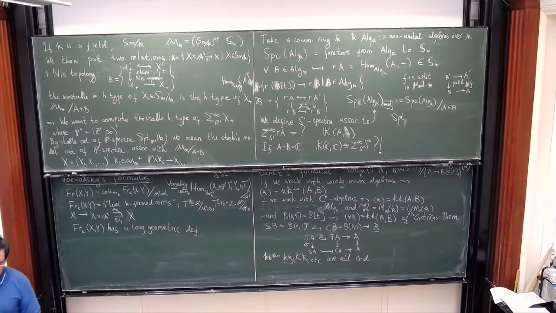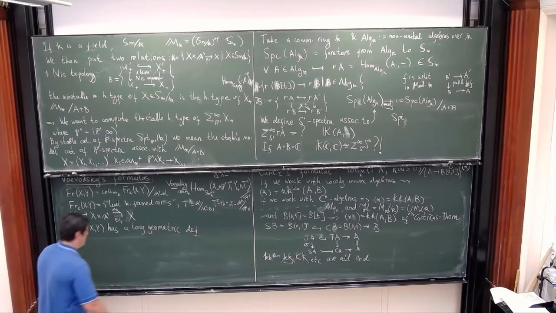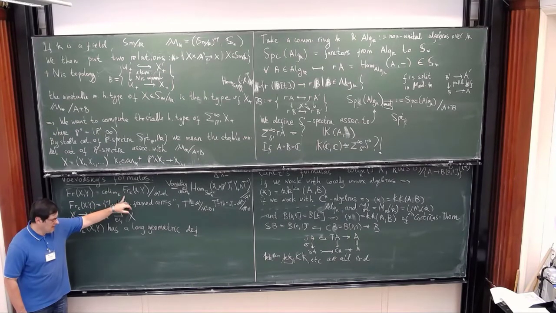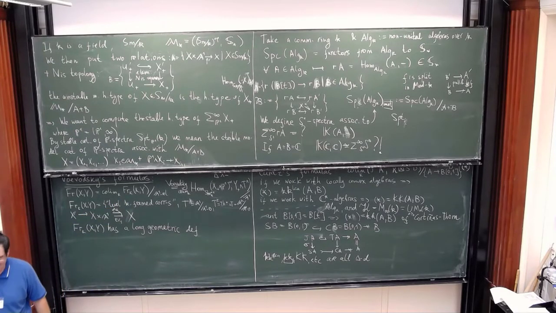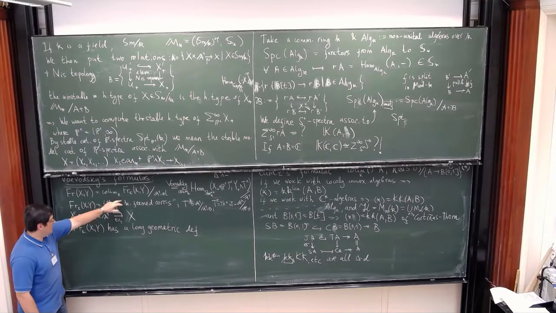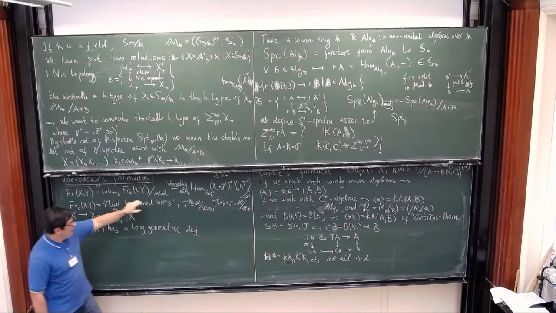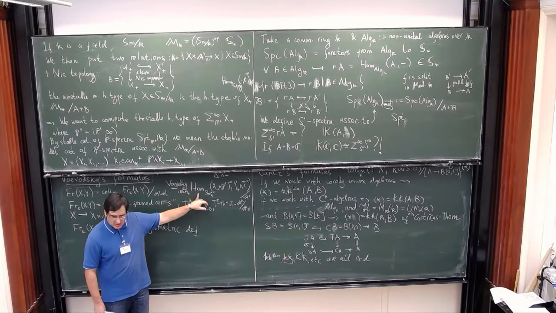If you look at Voevodsky's notes, in fact, framed K are defined in terms of algebraic varieties. I have it here, but I don't have time to write it down, otherwise my time will be over. So this part is defined in terms of geometry, and this part is defined in categorical terms.